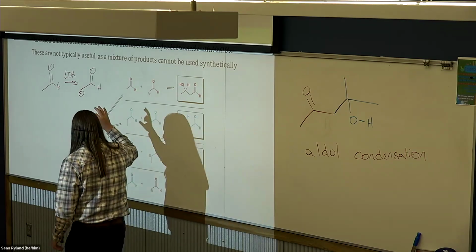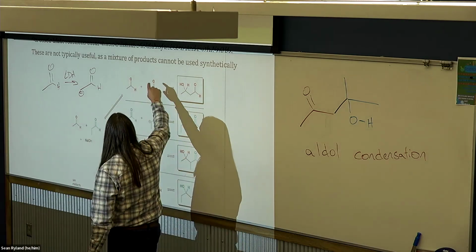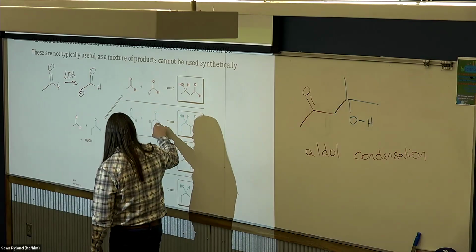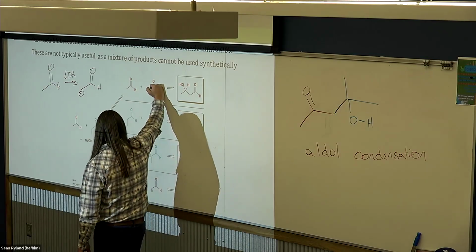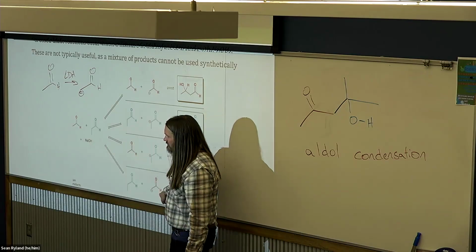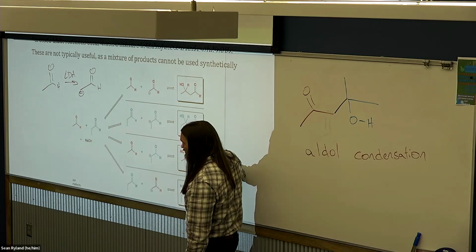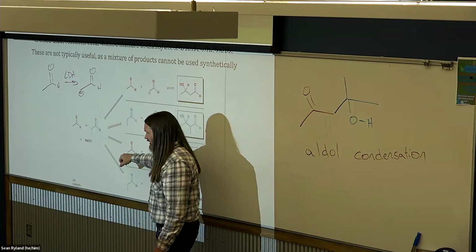So if we don't have all of these present at the same time, we don't have a mixture of this enolate and this carbonyl, this enolate and this carbonyl. We only have the red enolate, and then we follow it up by adding the blue carbonyl. Or if we wanted to make this product, we could take the blue carbonyl and turn it into an enolate before adding the red carbonyl.